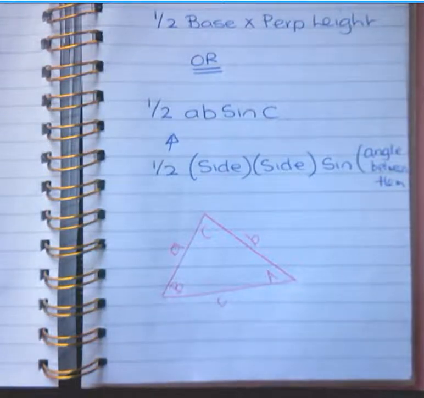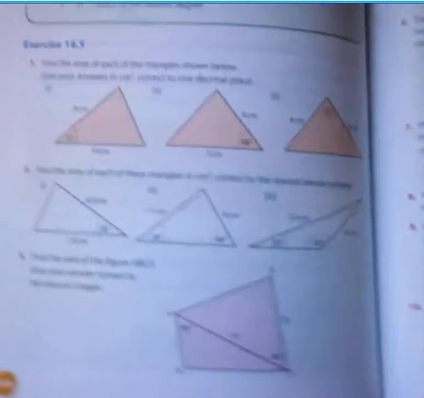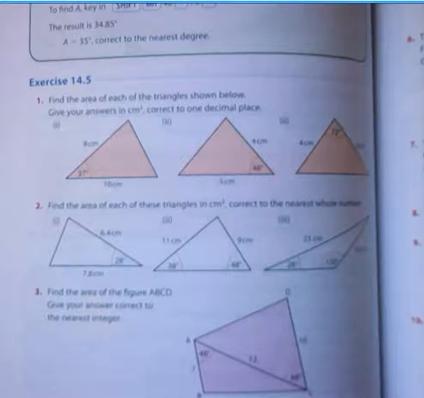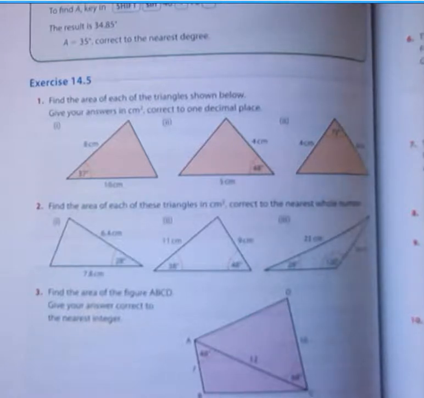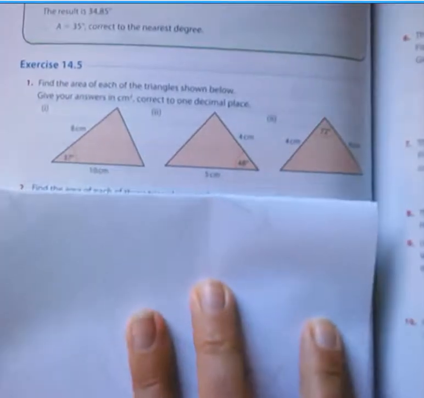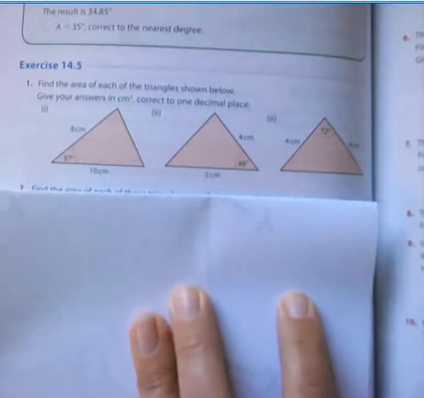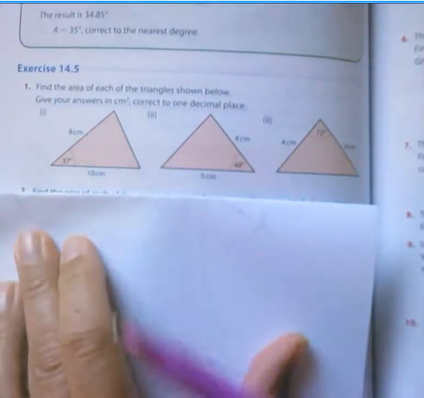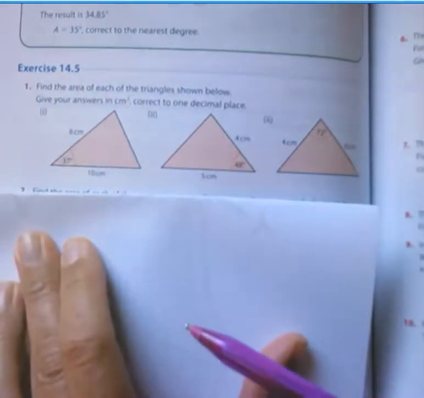So if we jump to the book, this is page 404, Tests and Text. They ask you to find the area of different triangles. If you're going half your base by your perpendicular height, these are not right angle triangles, so there is no perpendicular height.